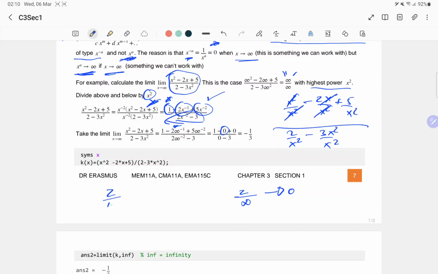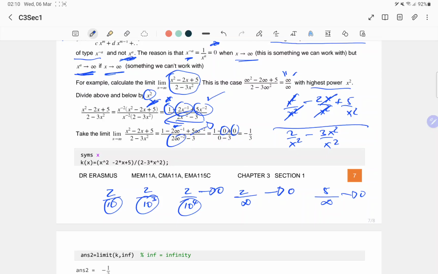Maybe start with 2 divided by 10, increase to 2 divided by 1,000, and so on. You will notice that as you increase your denominator, it tends to 0. Same thing here, it's going to be 5 divided by a very large number. This tends to 0, so that's why we have 0.